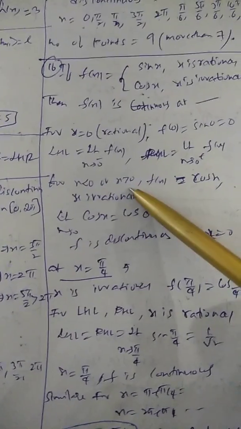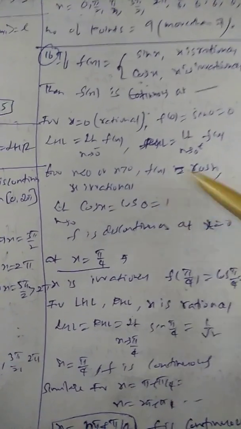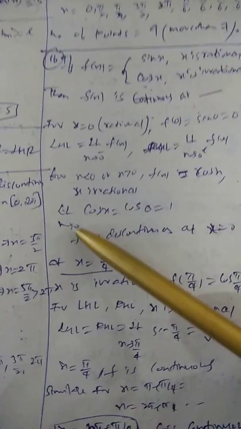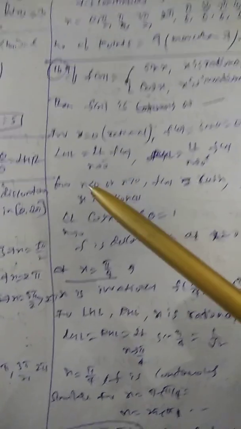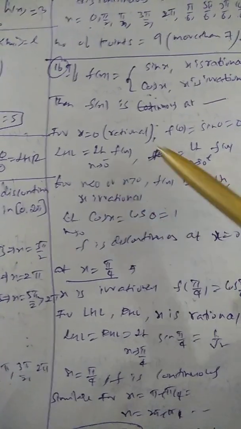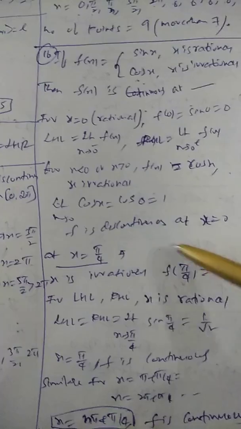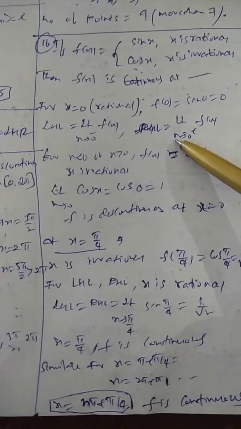So for x less than 0 or x greater than 0, f of x is cos x. Since x is an irrational number, the limit as x tends to 0 of cos x for left hand limit and right hand limit is cos 0, which equals 1. So the left hand limit and right hand limit are equal but not equal to f of 0. So f is discontinuous at x equals 0 here.